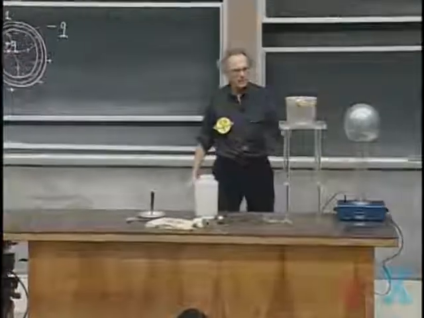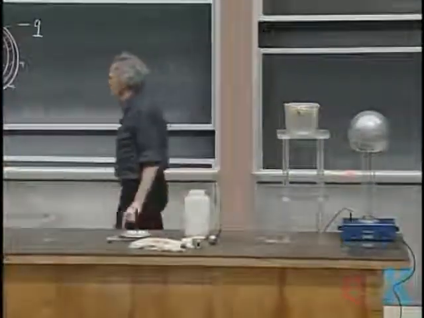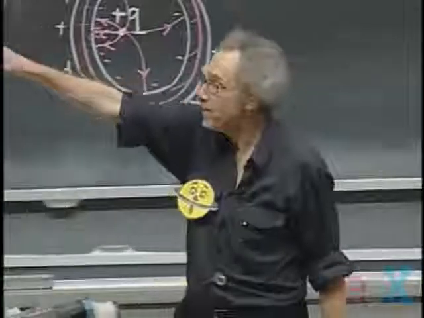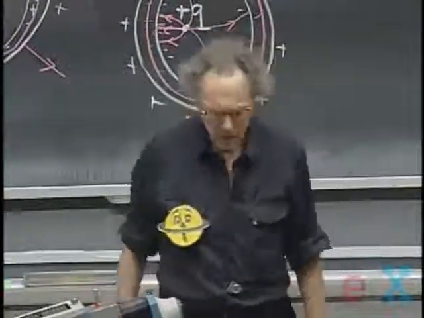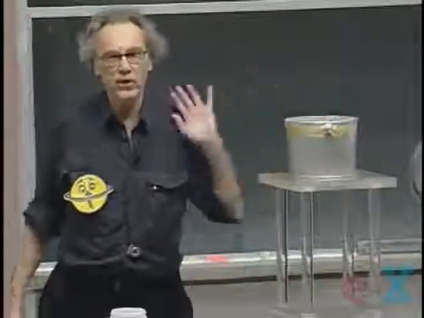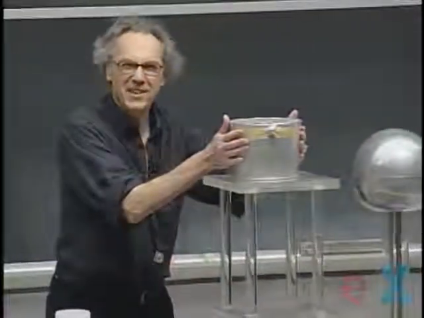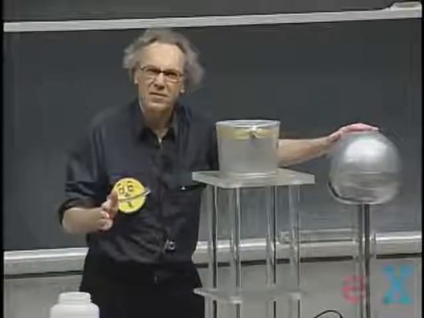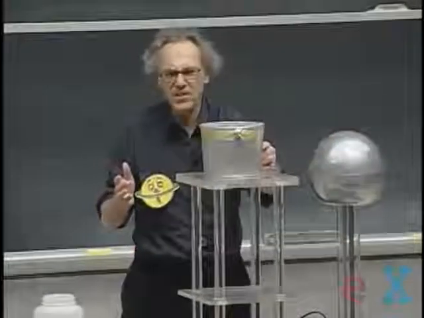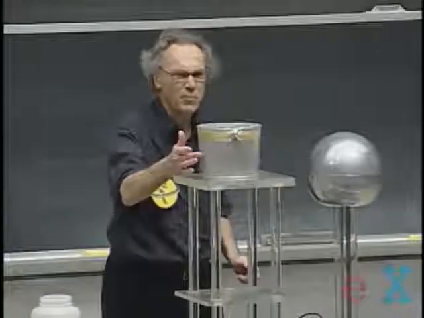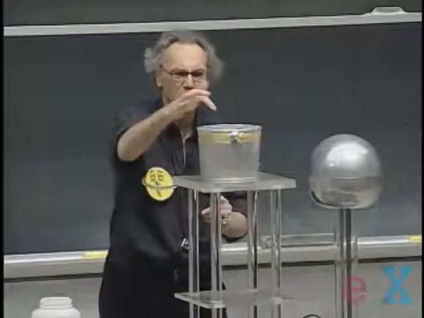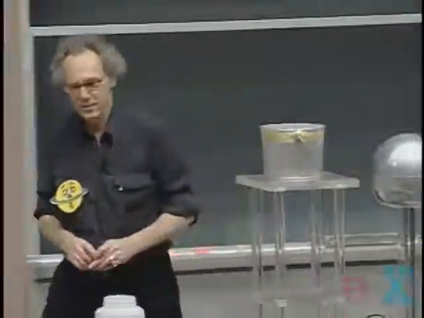I will show you that because of the induction, you're going to get, like you see on that figure, negative charge on one side, positive charge on the other side, and zero charge on the inside. That's quite amazing, isn't it? If this were positive, let's assume it is, then this side becomes negative, this side becomes positive, the whole thing is an equipotential, no charge inside.